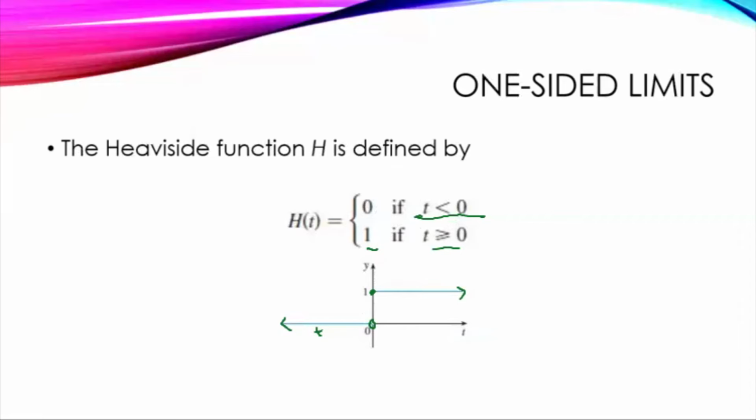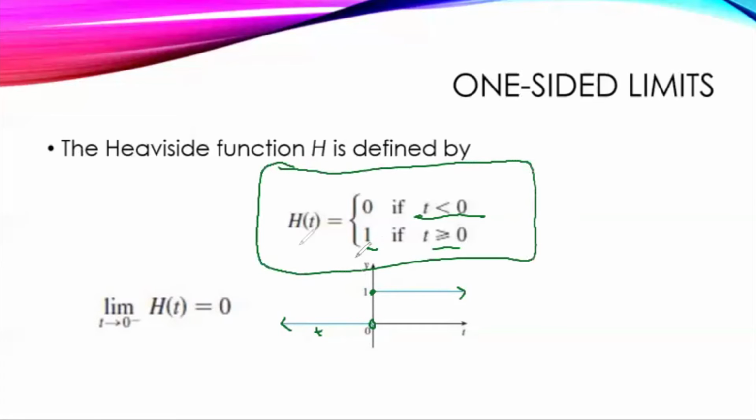Now, another question. What do you think is the limit of h of t, as t approaches 0 from the left? You have to consider the values of t from the left of 0. Where are the values of t from the left of 0? This one.